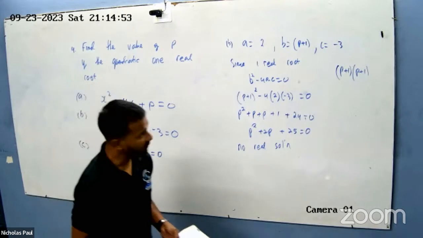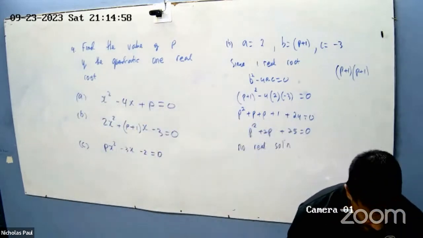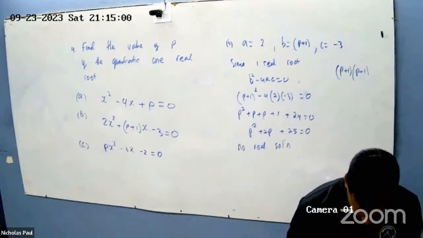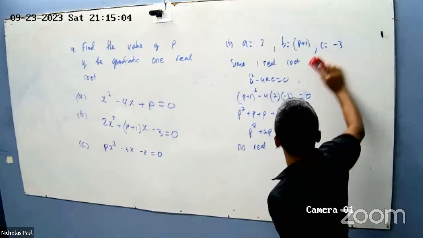Can you see there? p squared minus 3x minus 2 is 0.